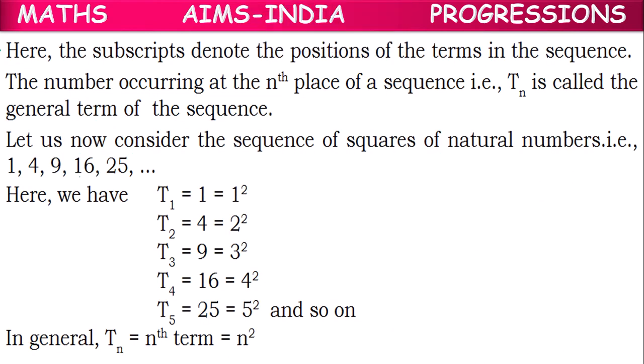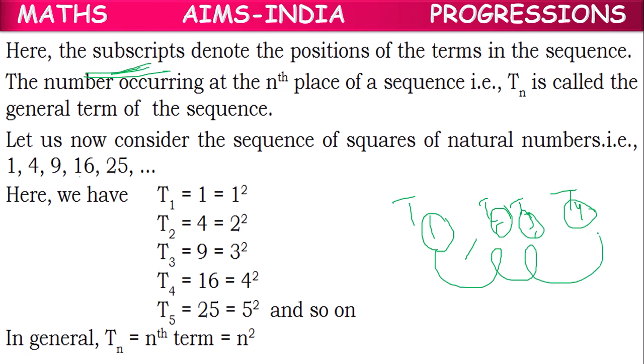Next. In T1, here 1 is considered as the subscript. In all the terms T1, T2, T3, T4, we are having subscripts. In the place of subscripts we are having numbers 1, 2, 3, 4.